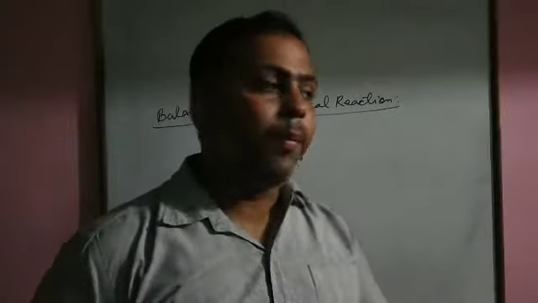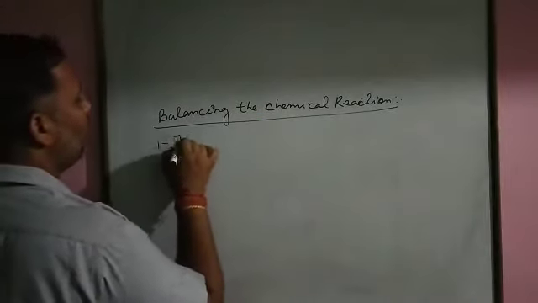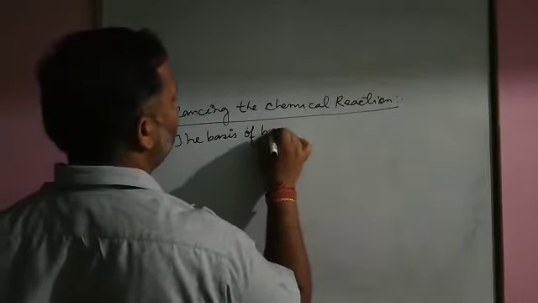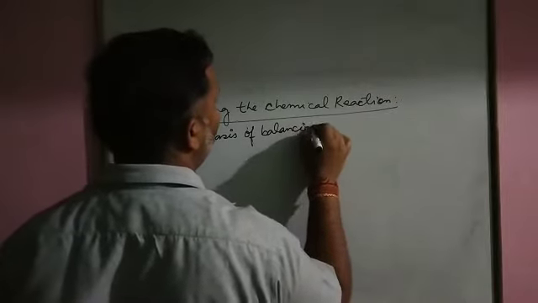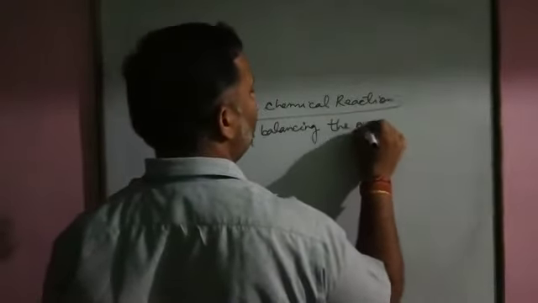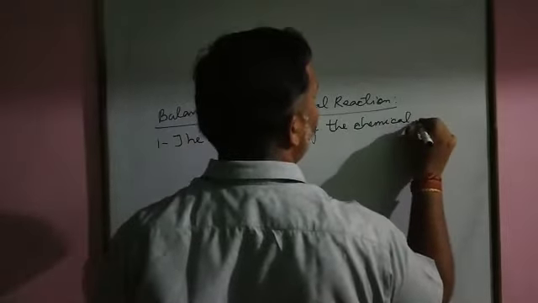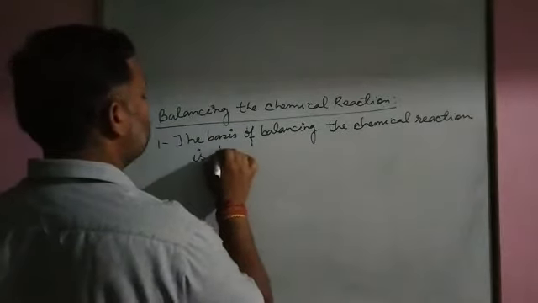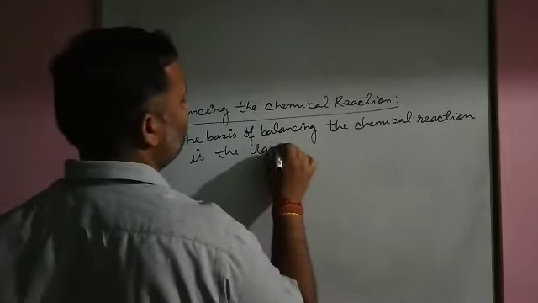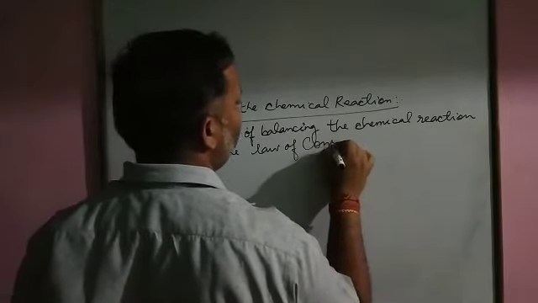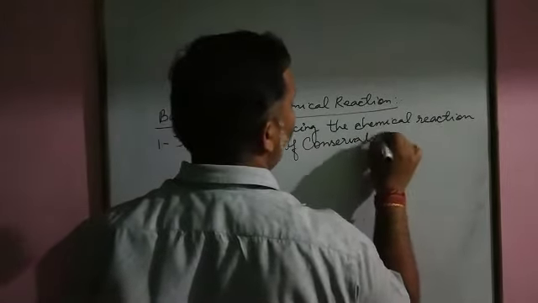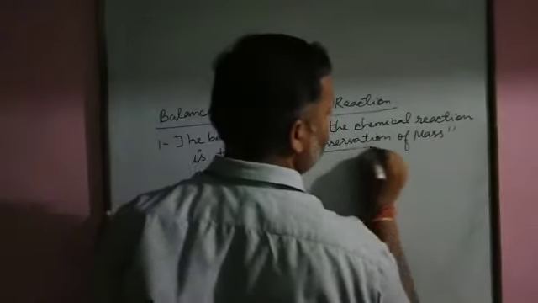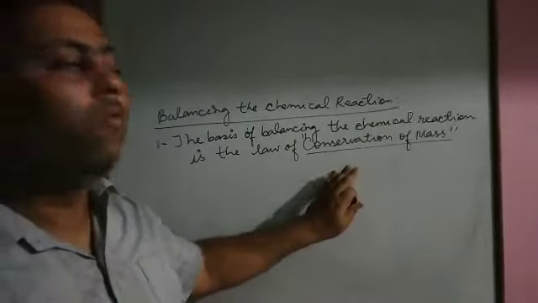The basis of balancing the chemical reaction is the law of conservation of mass. What does it state here?